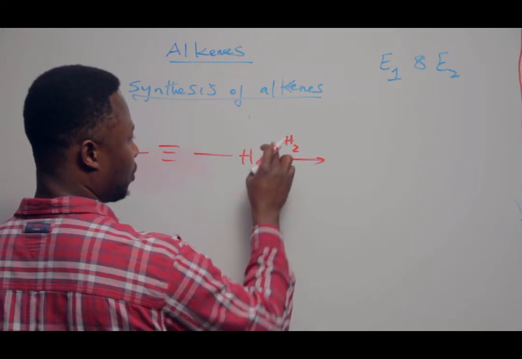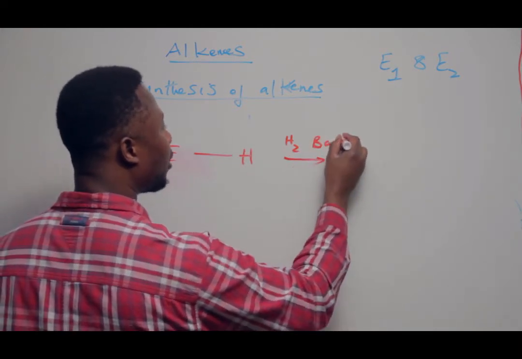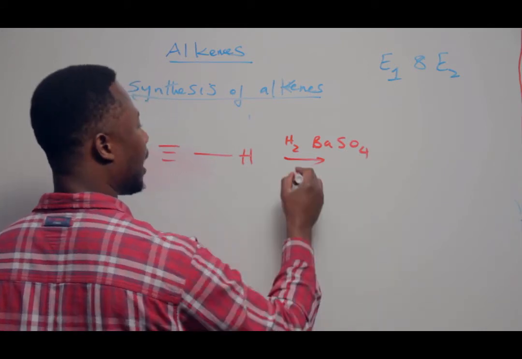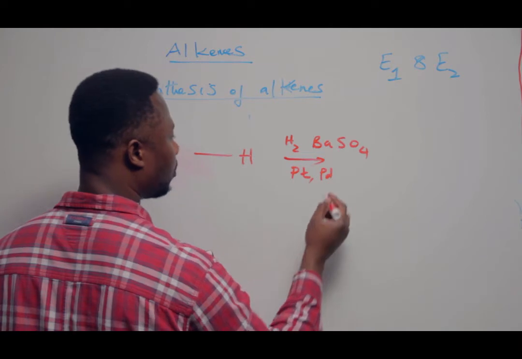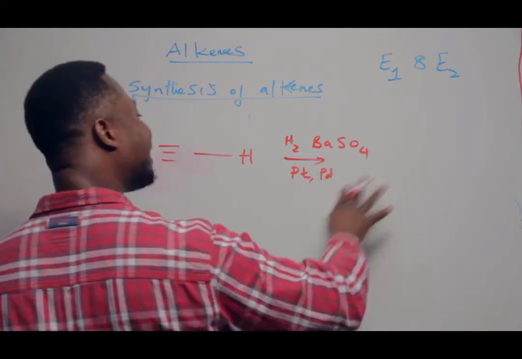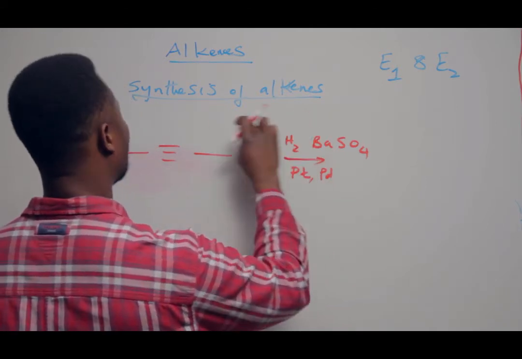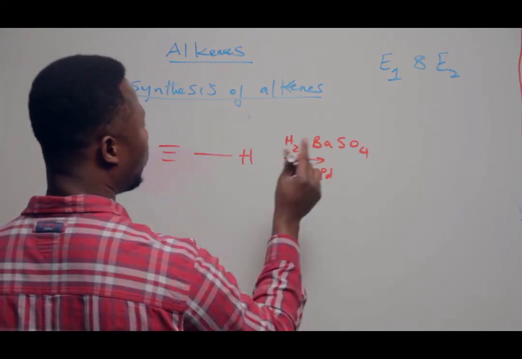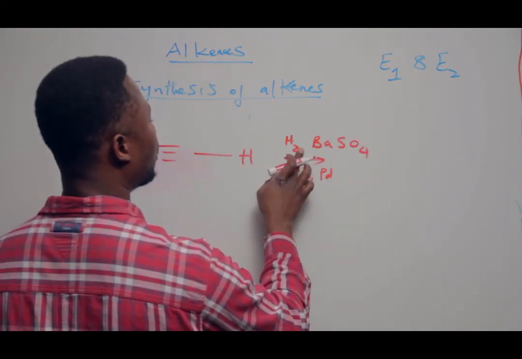Double bonds. Let's see. If I were to convert this to double bonds, I'm going to use the hydrogenation method, which is using H2. That's a diatomic element. I'm going to use barium sulfate, and I'm going to use some catalyst, either platinum, palladium, or both. Using these specific reagents, I'm going to allow these hydrogens to be able to attack. Let's ignore all these other reagents and just look at what hydrogen is doing.